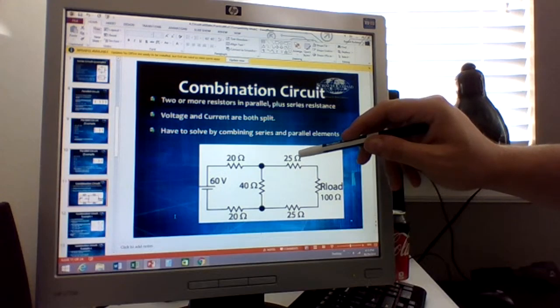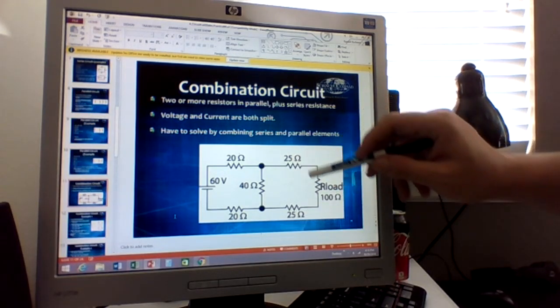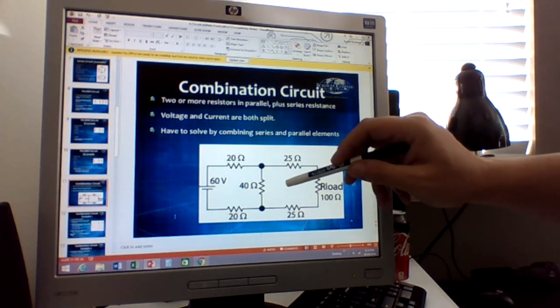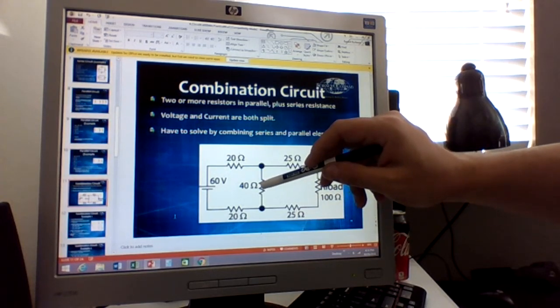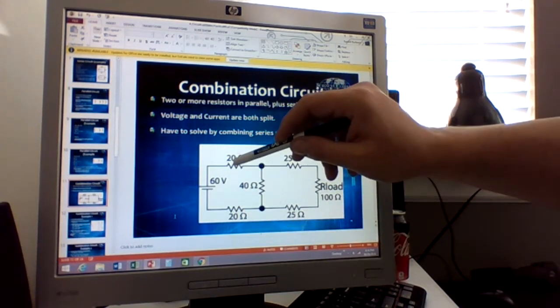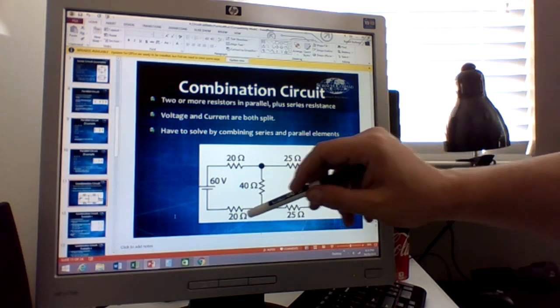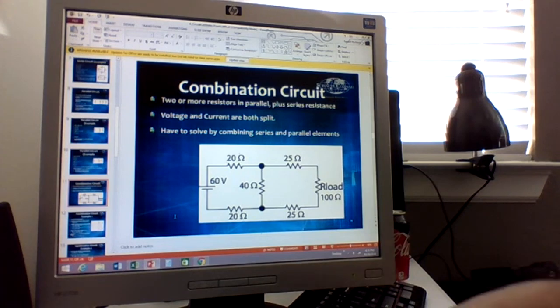Because if I combine these three in series, the 25, the 25, and the 100, that's 150. Now I've got 150 in parallel with the 40. I can do that, and then I put it together with the 20, the combination of the 40 and the 150 and the 20, and that's how I would do it.